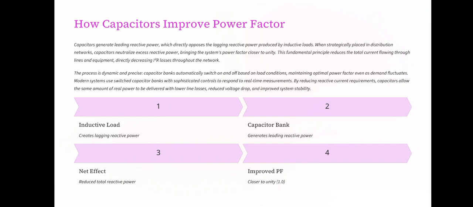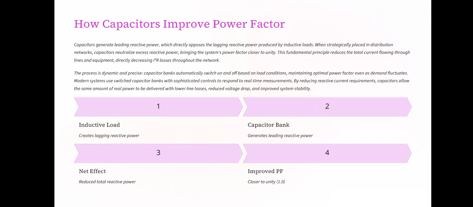Capacitor banks automatically switch on and off based on load conditions, maintaining optimal power factor even as demand fluctuates. Modern systems use switched capacitor banks with sophisticated controls to respond to real-time measurements.